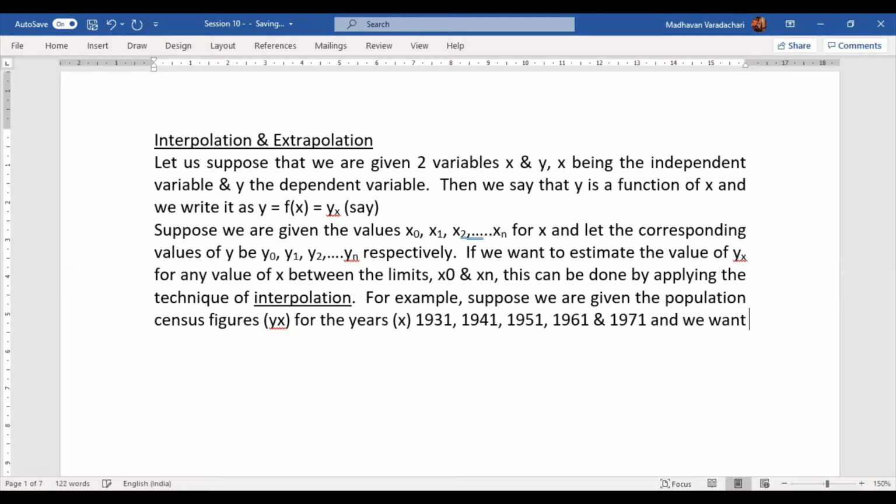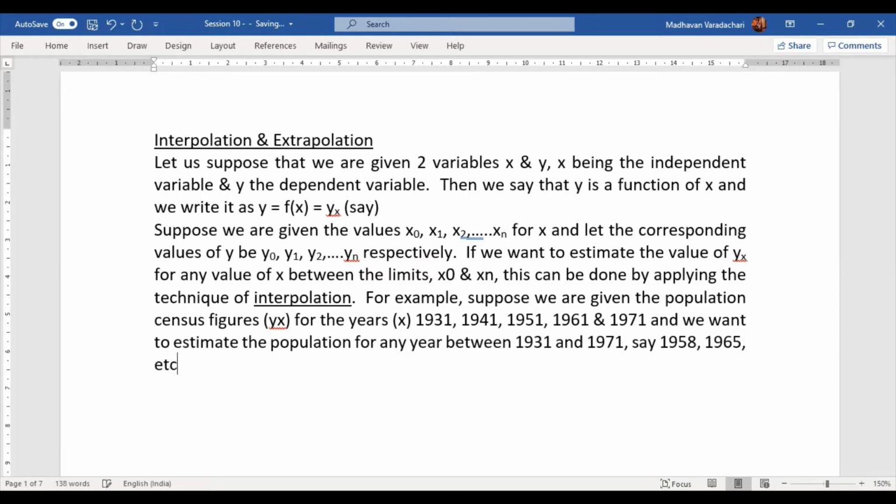And we want to estimate the population for any year between 1931 and 1971. Say, for example, 1958, 1965, etc. This is done by the method of interpolation.